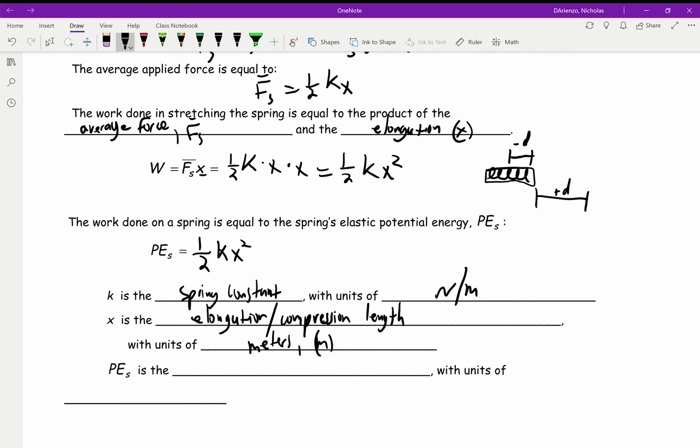And PE sub S is the potential energy that is stored in the spring, and since it's energy, it's going to be units of joules, or J.